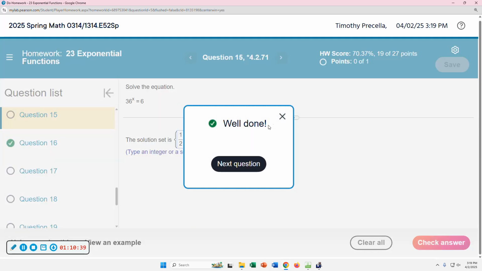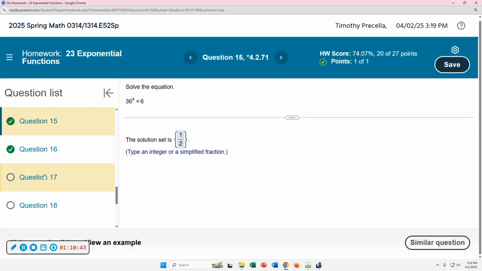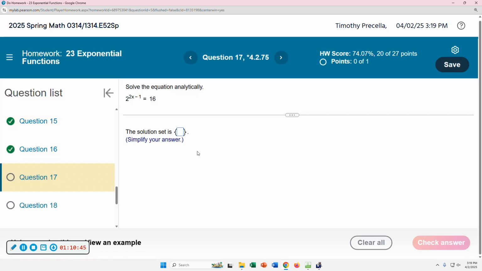Okay, what's number 17? Okay, number 17, we have 2 to the 2x minus 1 is equal to, what's the other base? 16.